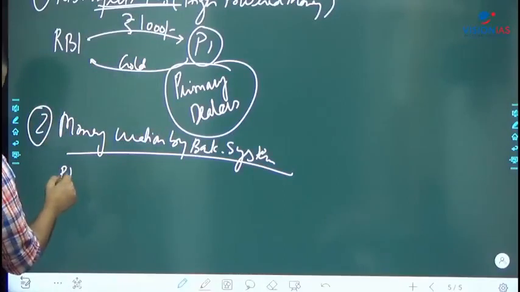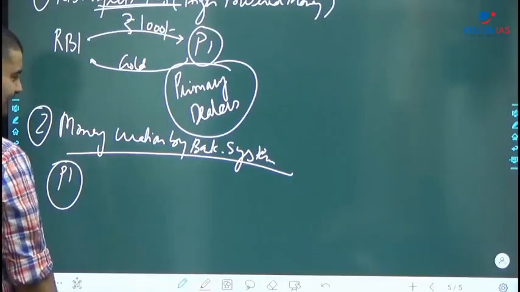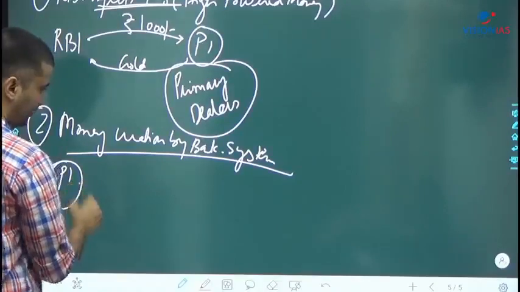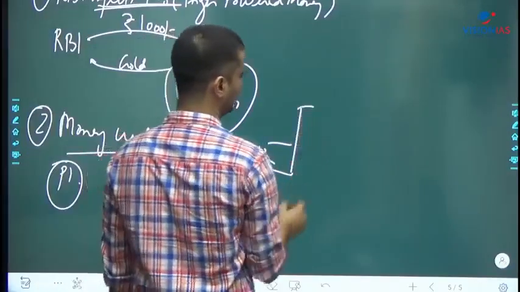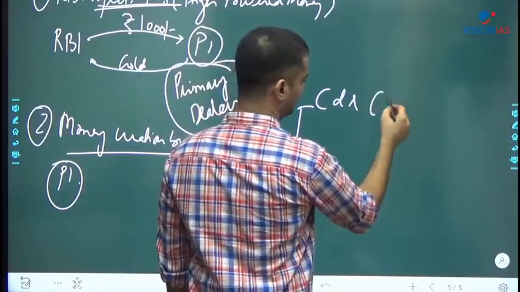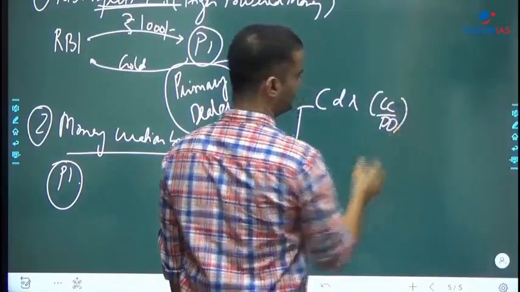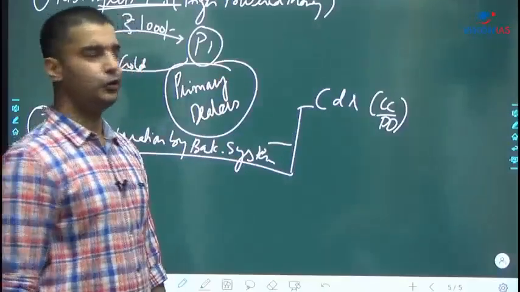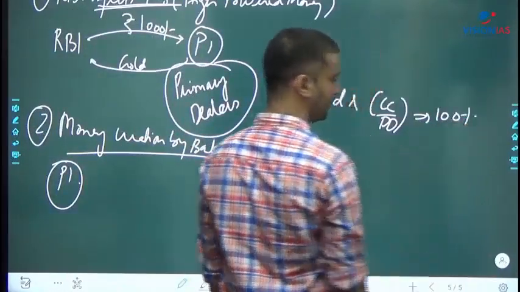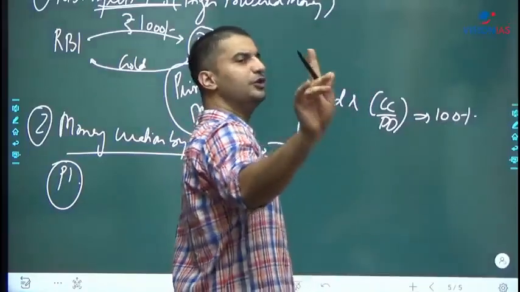Let us say P1, let us assume CDR, that is currency upon deposits, to be 100%. 100% meaning, that is, let us assume it to be 1.